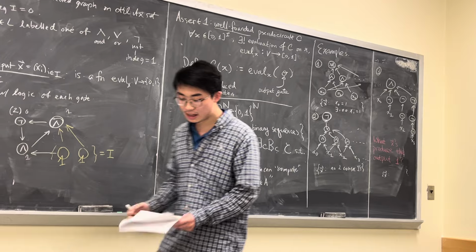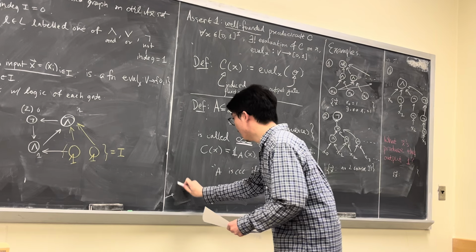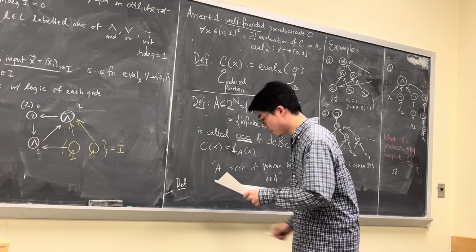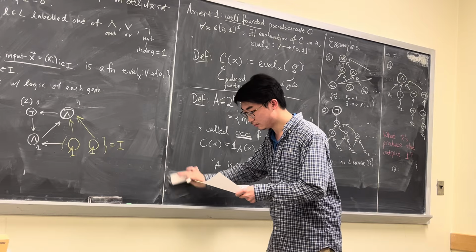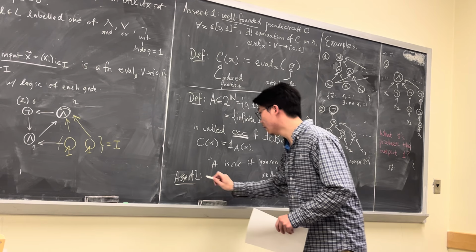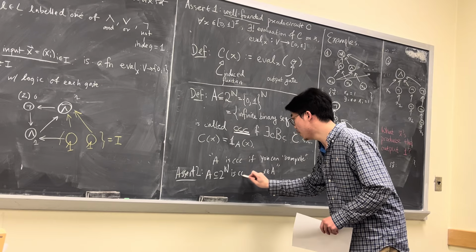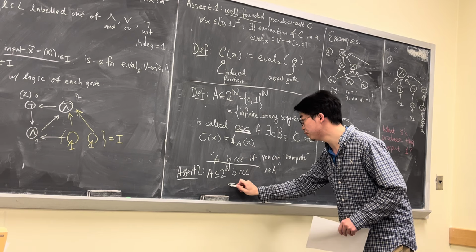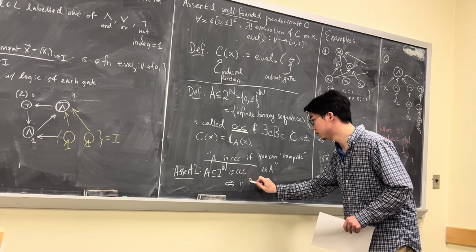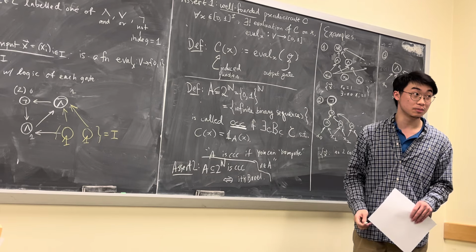Okay. And then the definition of Borel that I'll give is the following. Assertion: a subset of 2 to the N is CCC if and only if it is Borel, in the standard topological sense that you may be used to.